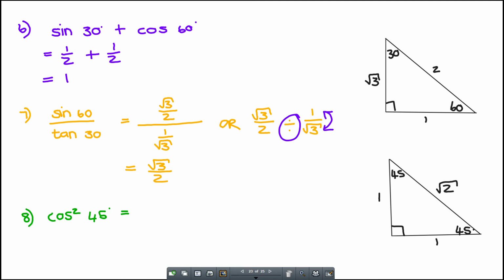Okay, right. So, yesterday we were busy with the special triangles. Special angles and special triangles. So we said sin 60 over tan 30. We said we can say square root 3 over 2 divided by 1 over square root 3.